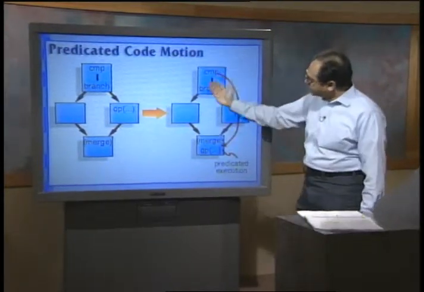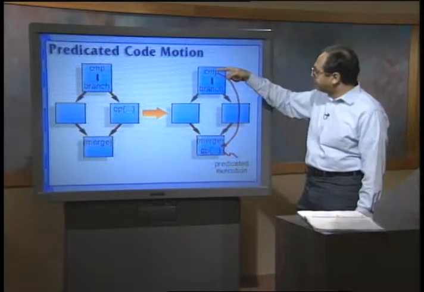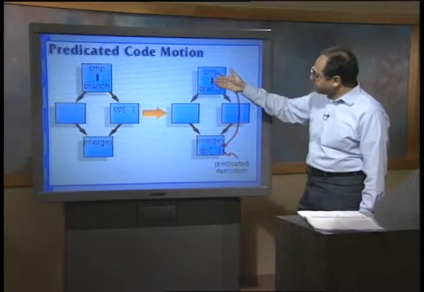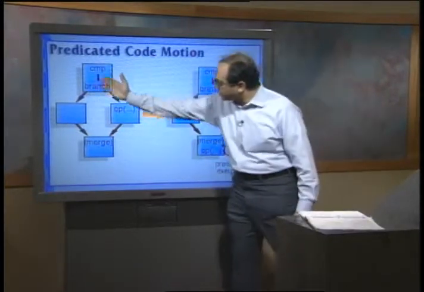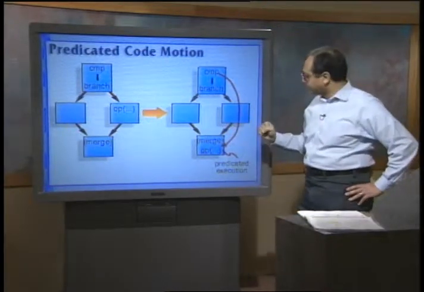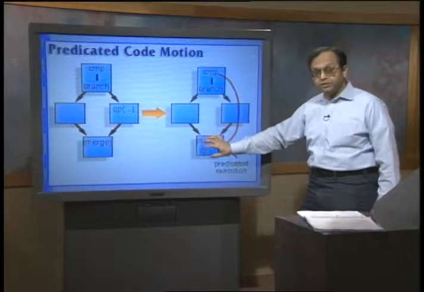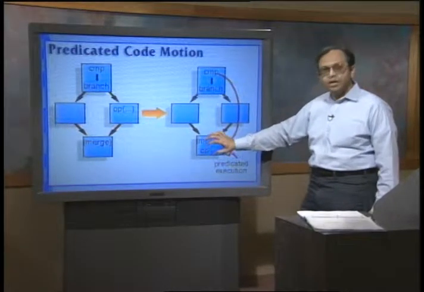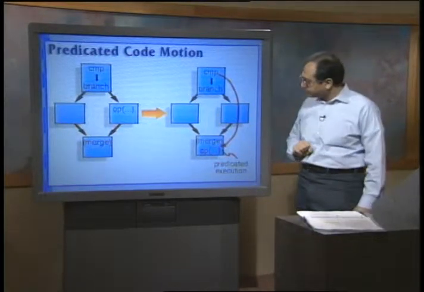If in fact flow of control went the other way, then the output of this compare would be false, and this operation will not execute, which is exactly what we want over here. So with this predicated execution capability, we can now move an operation down past the merge, which previously, remember, was an unsafe operation, and we still retain safety. We retain the original semantics.